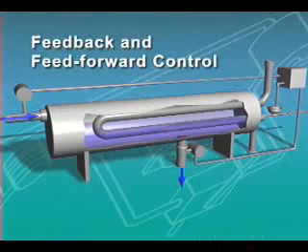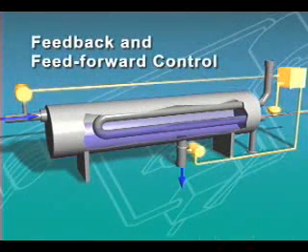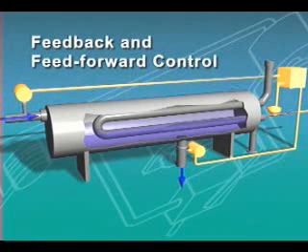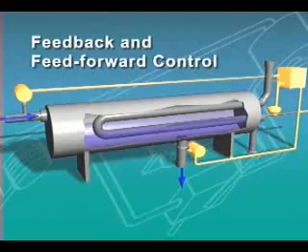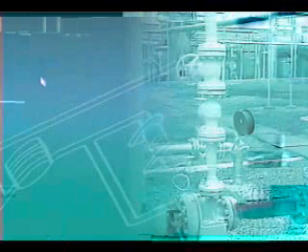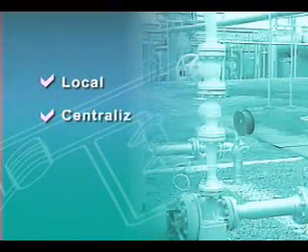In a feedback and feed-forward control system, two control systems are used to sense the temperature of both the inlet and outlet water temperature. Depending upon the installation requirements, controllers can be set up either on a local or centralized basis.